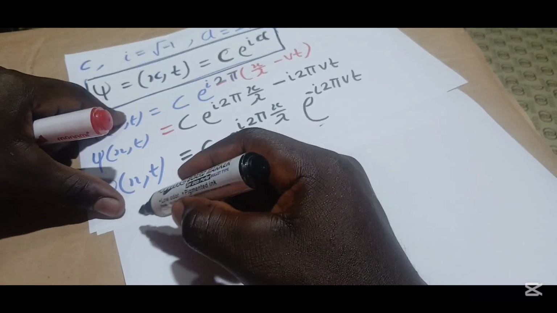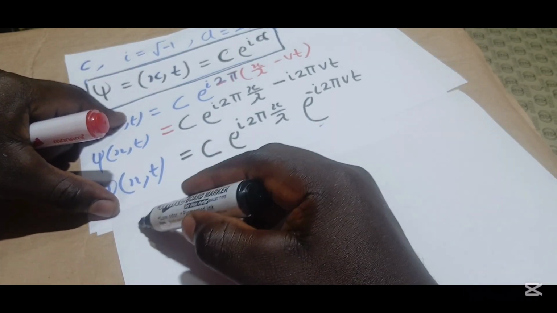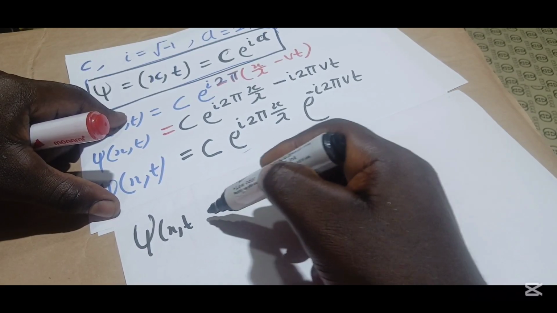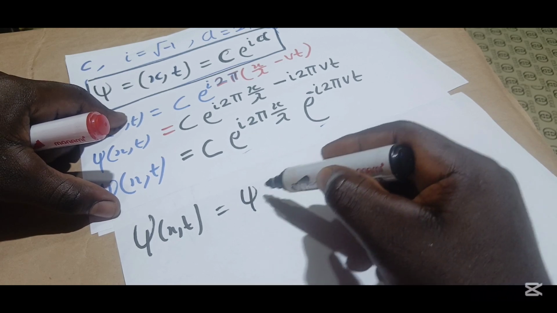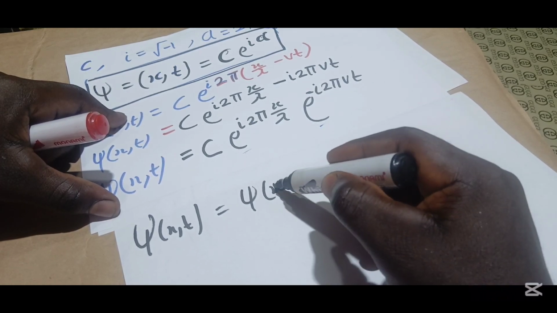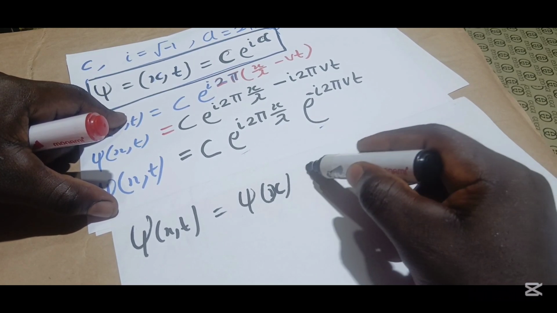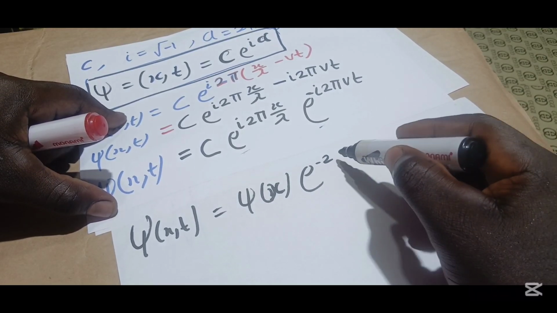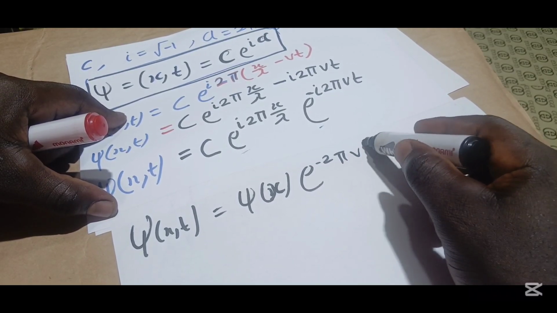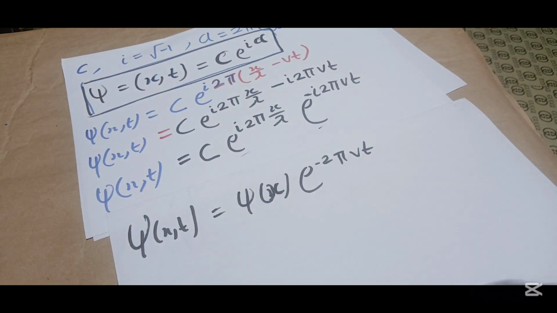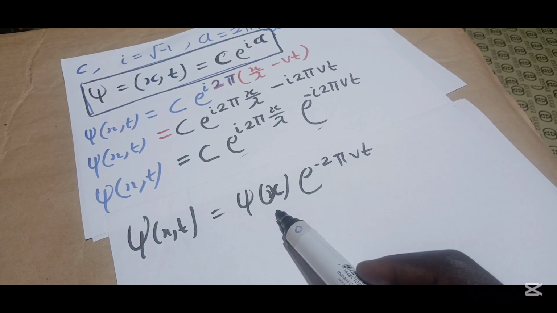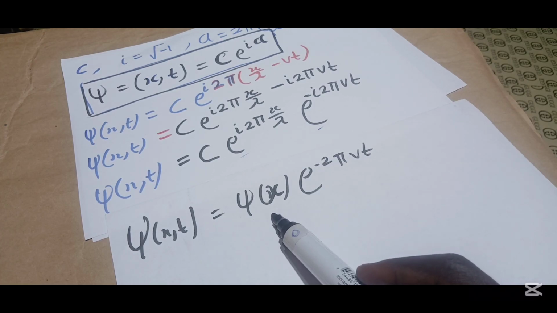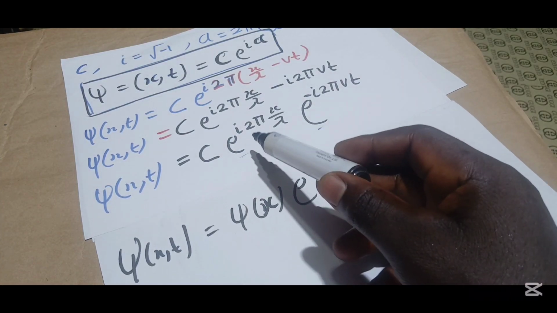We can also write this as psi x t to be equal to psi x, e to the power minus 2 pi i vt, where this function here is a function of x but not of t. Why are we calling it a function of x? It's basically this.